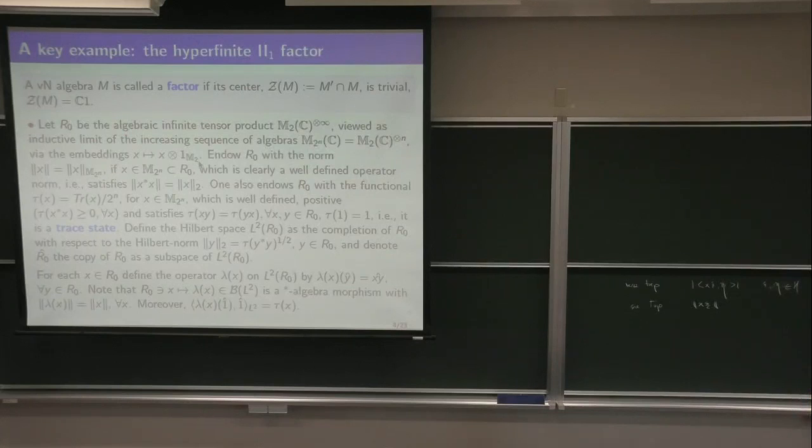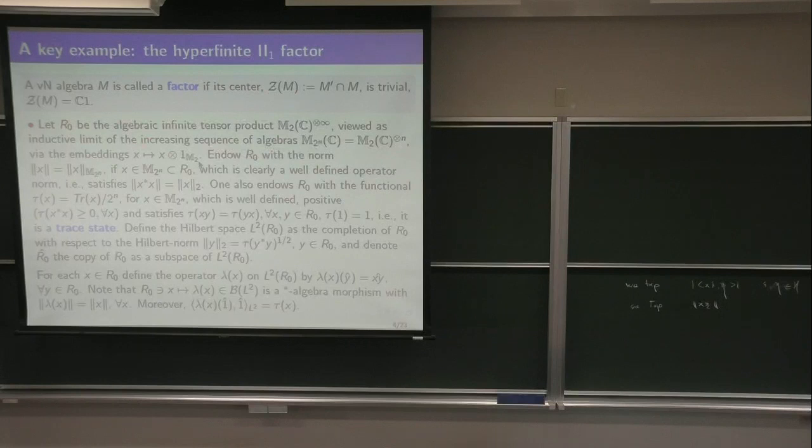So we'll start like this. We take the 2 by 2 matrix algebra and take the infinite algebraic tensor product. These are just tensors, but where you only take elements that have 1, 1, 1 from a certain point on, so it's finitely supported that way.